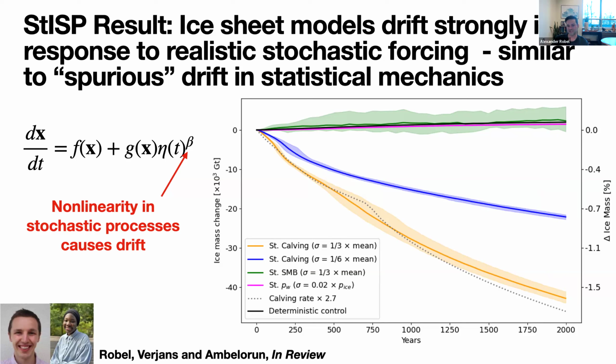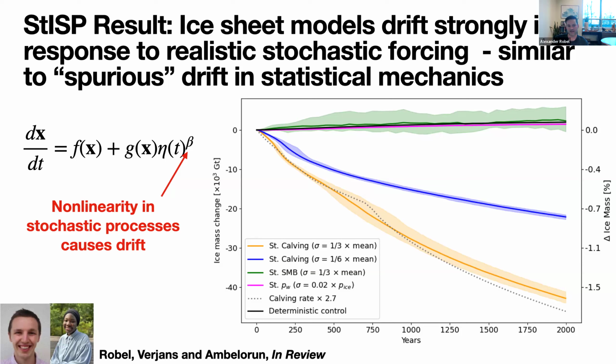And what we find is that as soon as you apply stochastic variability in ocean forcing, the ice sheet starts to lose mass. And what we argue in this paper is that for the most part, this is occurring for two reasons.